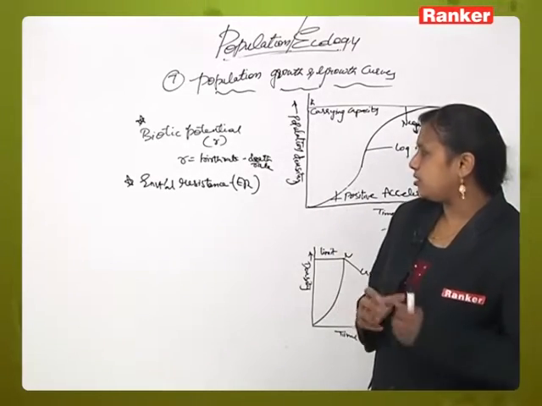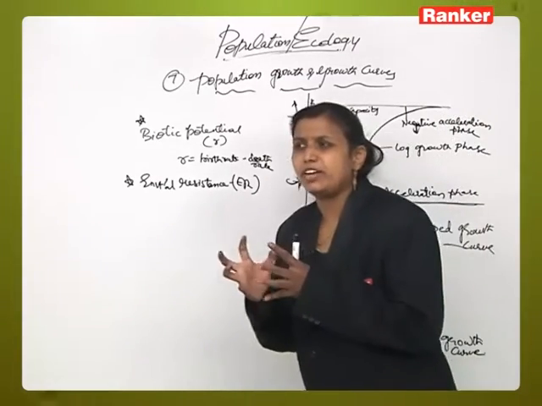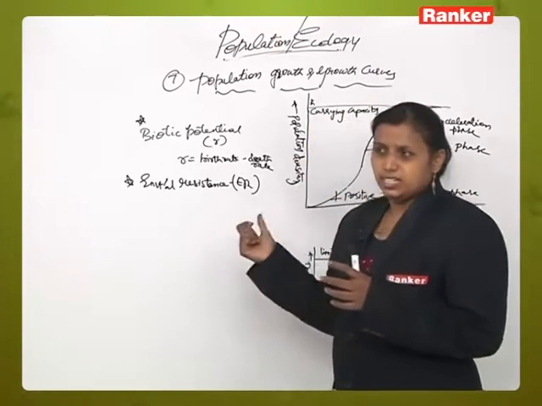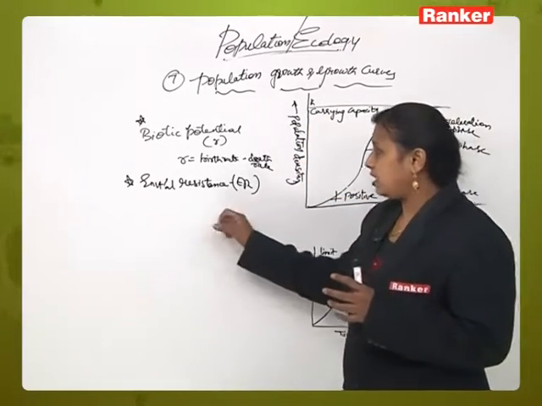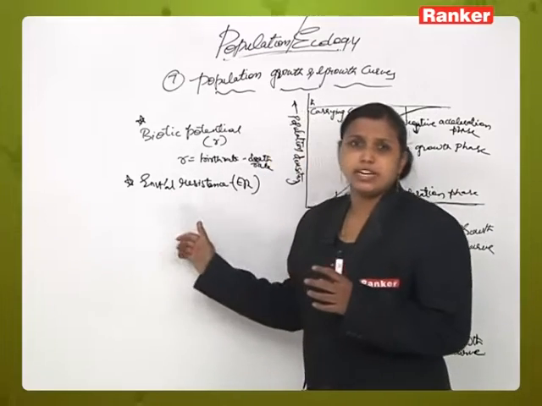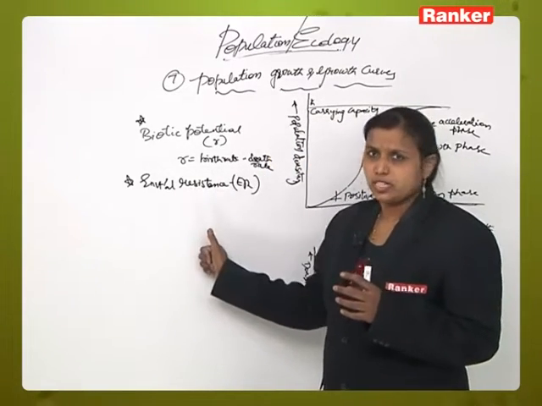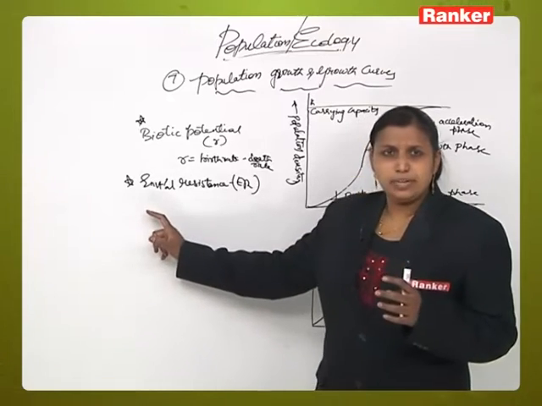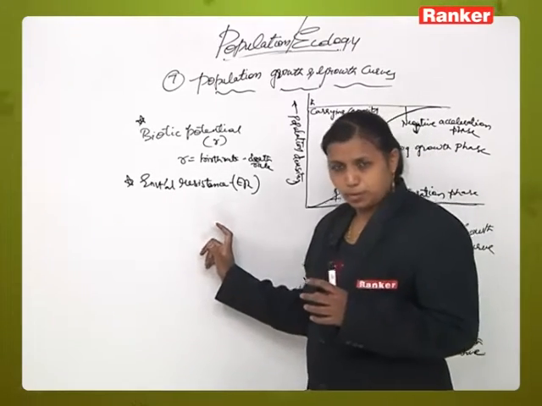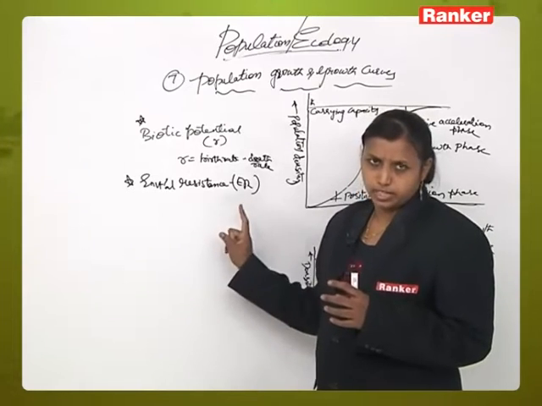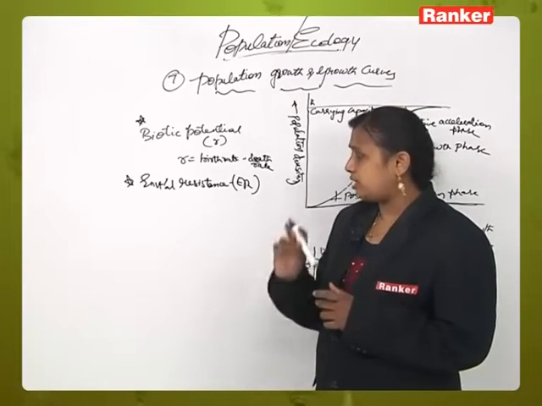It is the sum total of all the limiting factors, both biotic and abiotic put together, so that the reproductive phase is reduced and the chances of increasing dependence on the reproductive phase are reduced. So the environmental resistance of a particular population depends on both the biotic and abiotic factors. In addition to that, one more term is there.